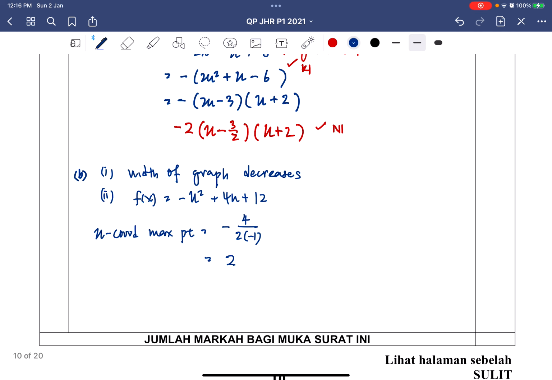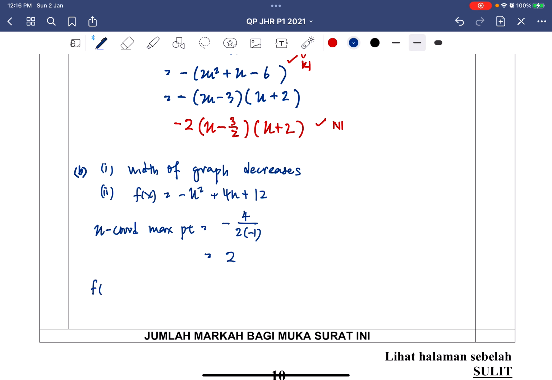So how about my y coordinate? You can sub x equals 2 into the function to get your y coordinate. So your f(2) would be -2 squared plus 4(2) plus 12. And this would give you 16. So your original coordinates is (2, 16).